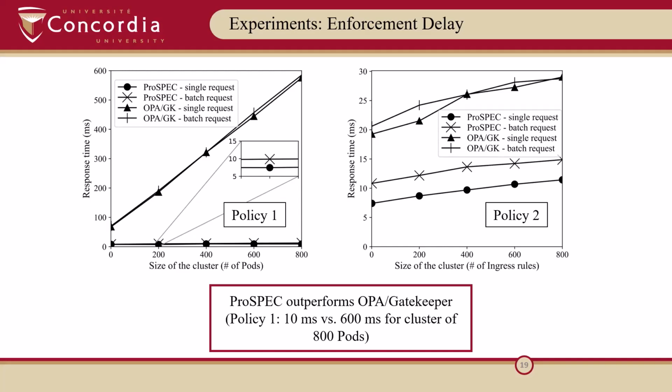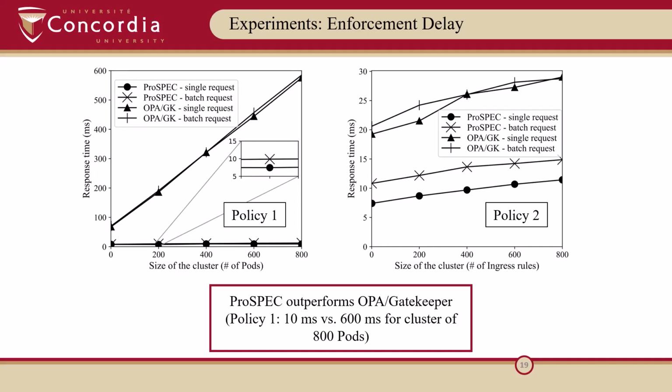It goes as high as 600 milliseconds, and our work stays almost constant below 10 milliseconds, because we don't need to do any linear step. We just do everything in advance. And so we can just keep an array search, which takes basically no time. It takes around 10 milliseconds to enforce.